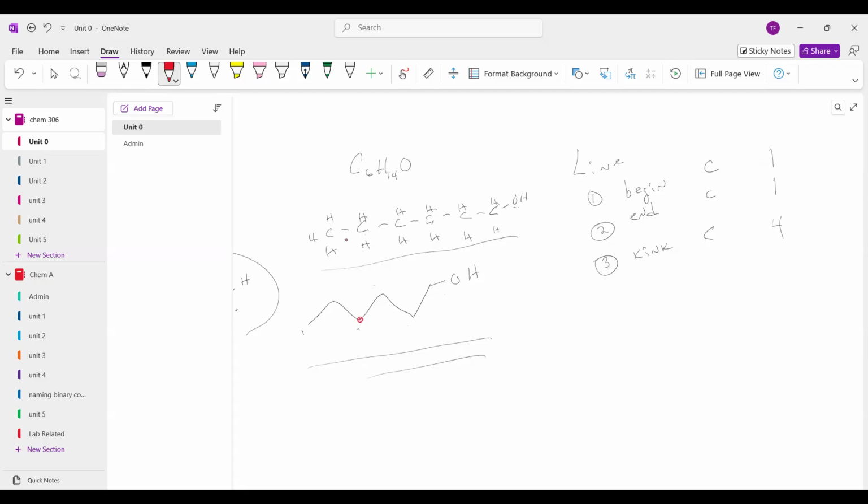That carbon has 4 bonds, right? One is carbon-carbon, carbon-carbon, and then the 2 left over is hydrogen. Here, this carbon here, one is carbon, and then we've got 3 left over, so there are 3 hydrogens. That's why doing Lewis structure is important, because when you go to line drawings, you need to know that.